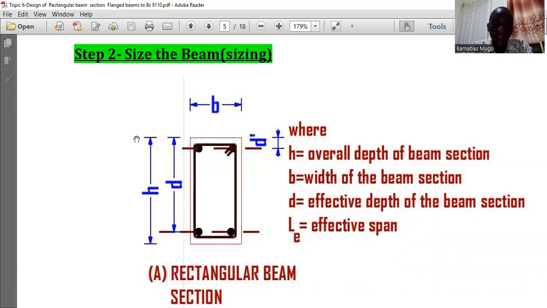As you can see, there is a difference between D and H. The H is the overall depth of that beam, while the D is the effective depth of the beam section, the distance from the center of the bottom reinforcement to the topmost part of that section, as you can see.